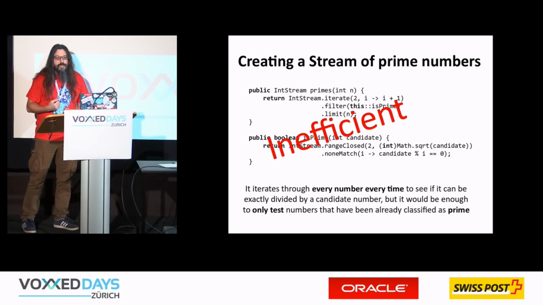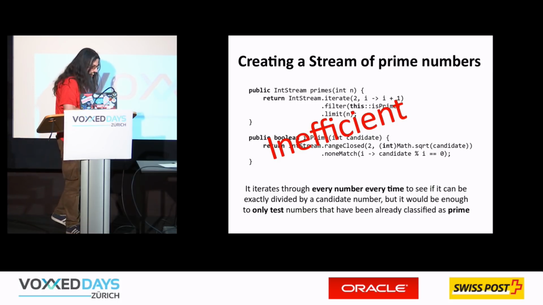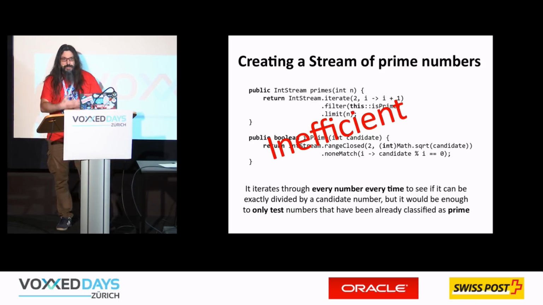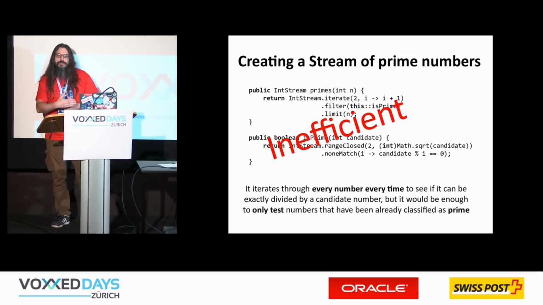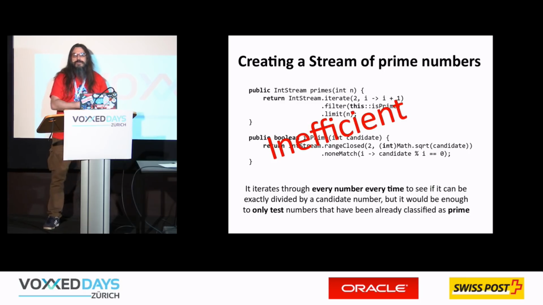Why is it inefficient? Because every time I'm deciding if a number is prime or not, I'm not using all the primes that I computed before. If I'm deciding if 7 is prime or not, I'm dividing it by 3, okay, but I'm also dividing it by 4.